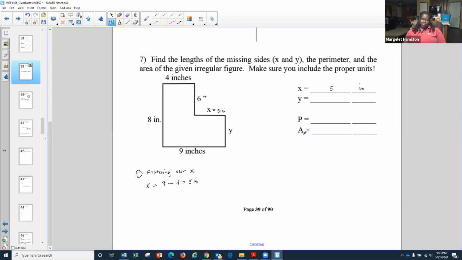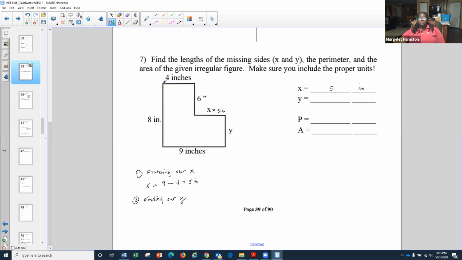All right. Now, finding our Y. Looking at where it is, here's our Y value. Our parallel side here is the other side of our figure, our 8. They also gave us this other parallel side here, 6. Same deal.